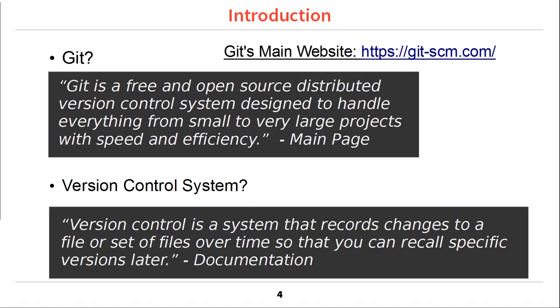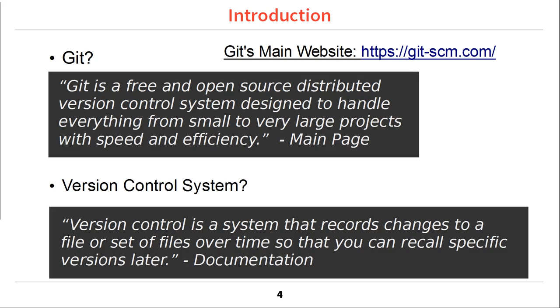So, let us first ask, what is Git? The description from the main page of Git's website is a good place to start. It says, Git is a free and open source distributed version control system designed to handle everything from small to very large projects with speed and efficiency.